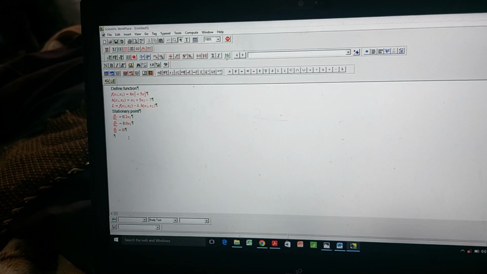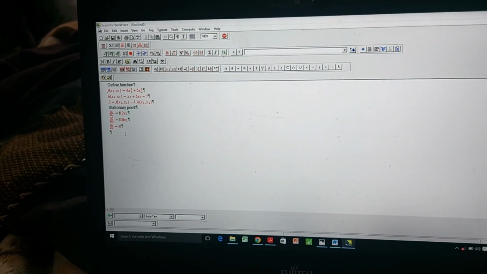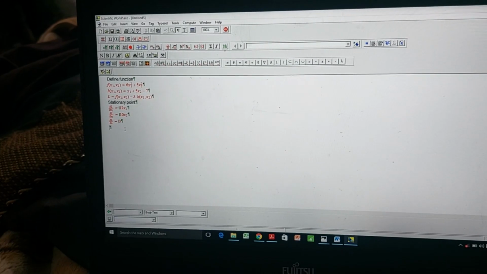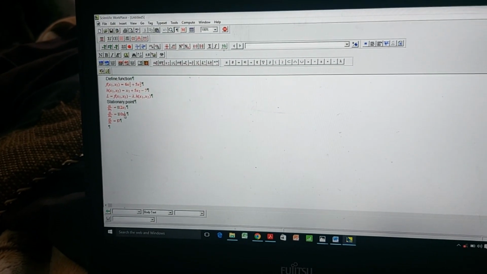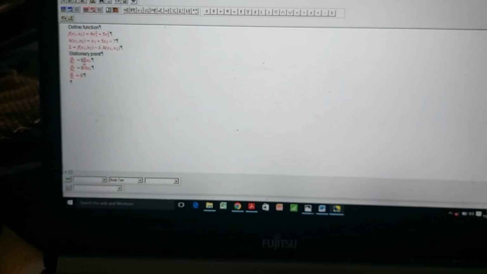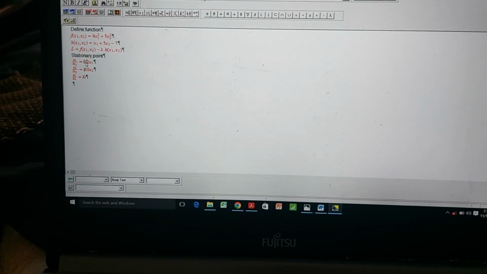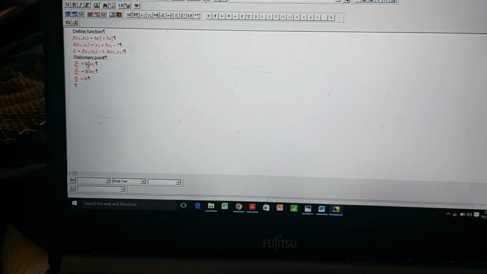Now we have all the 3 partial derivatives. This is a kind of system of equations. Now I need to put all these 3 equal to 0 to find the values of x1, x2 and lambda.